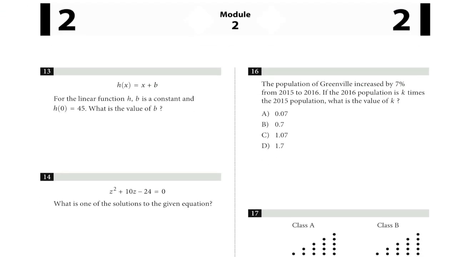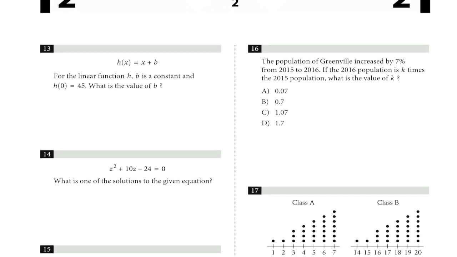All right, number 13. For the linear function h, b is a constant and h of 0 equals 45. What is the value of b? So this is a question where they're giving us the x right here, and they're giving us the h of 0, which is kind of like saying our y.